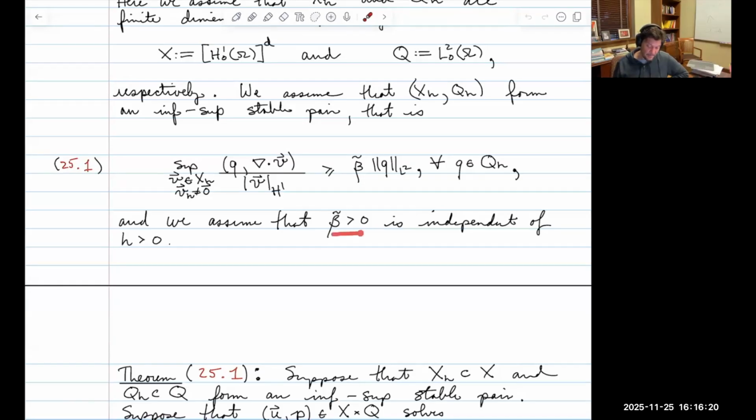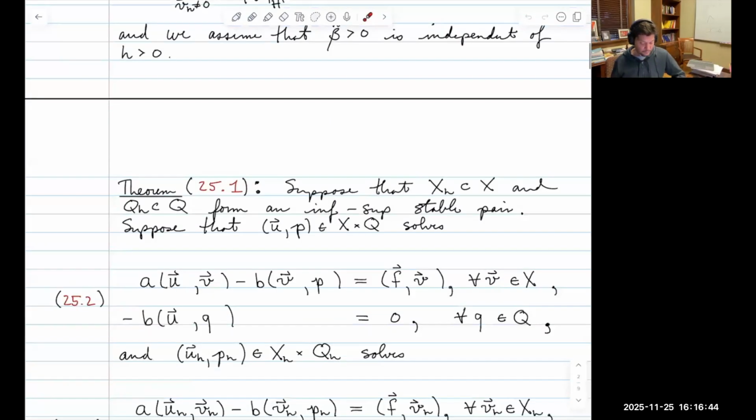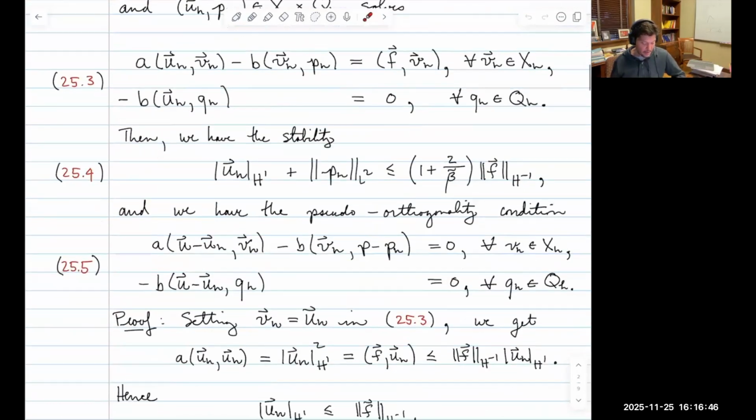So beta is likely different than the one for the infinite dimensional case, and it's independent of H, which only makes sense when we're talking about the context of the finite dimensional cases. H is like, well, the mesh spacing here, and it also is directly related to the dimensions of these two spaces. Okay, so let's get back into it.